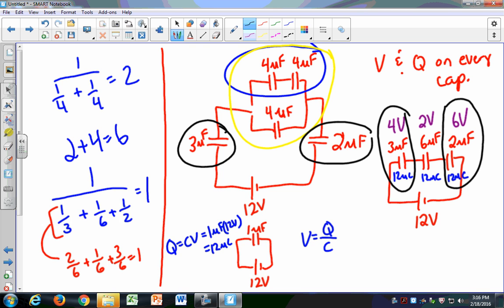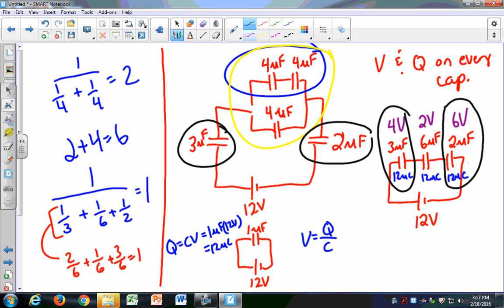No, it wasn't 1. That was the total equivalent capacitance, which was 1. But we took this branch right here, and we said, I know the equivalent capacitance of this branch alone. What was it? Was it 2? Up here was 2, right?